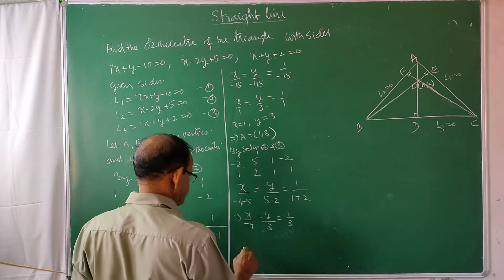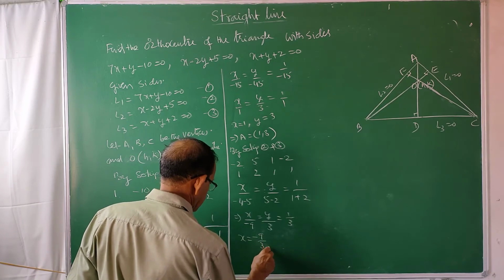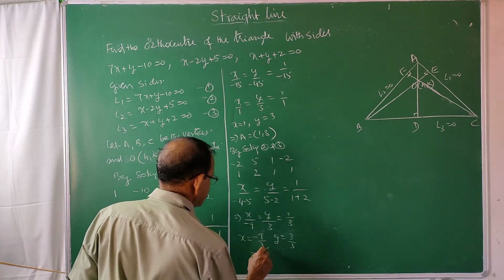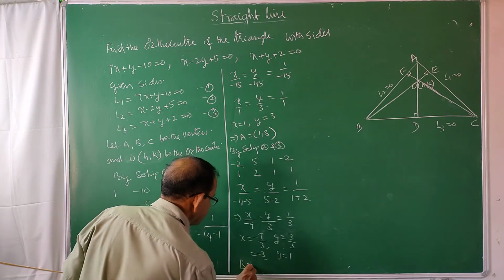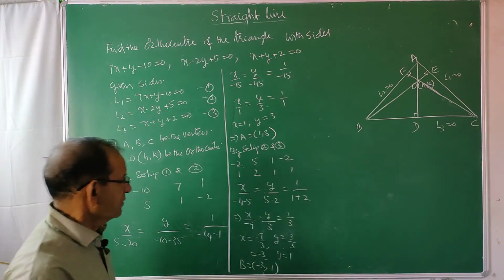So x is equal to minus 9 by 3, y is equal to 3 by 3. So this is minus 9 by 3 means minus 3, and y is equal to 1. So B is equal to (minus 3, 1). So we got the coordinates of B also.